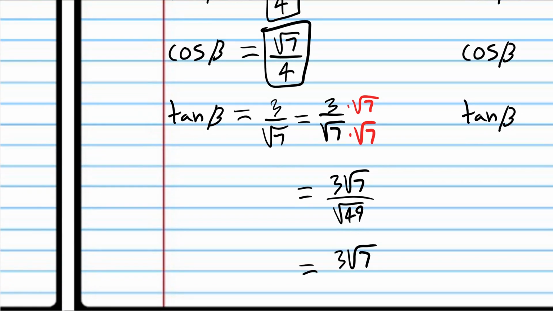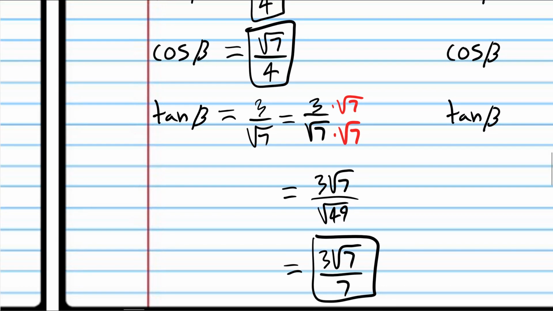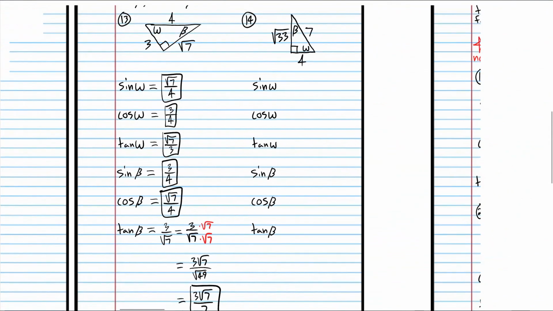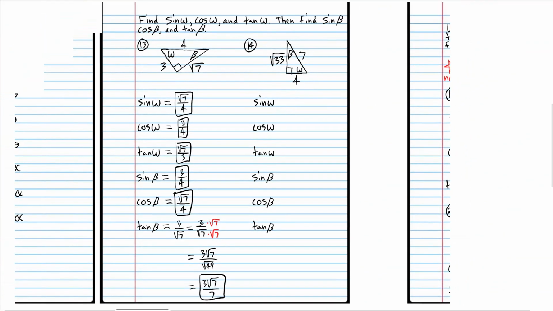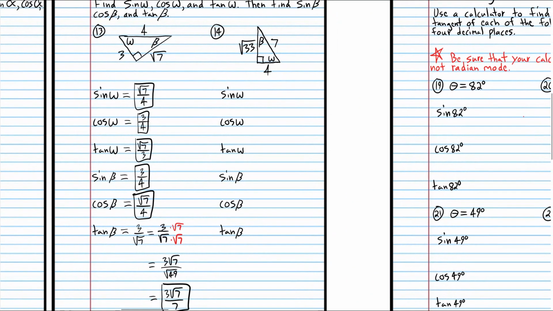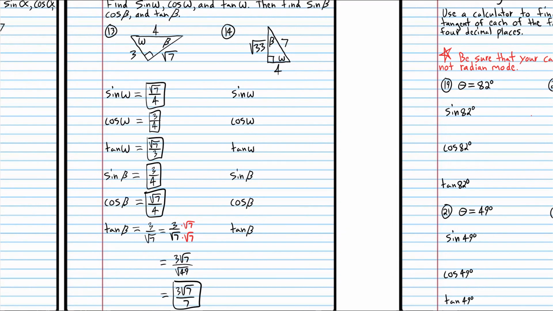And root 49, of course, is just 7. So that's why we did that, is we got rid of the root in the denominator. So if you got that right, excellent. So go ahead and try number 14, and when you come back, we'll do it together.